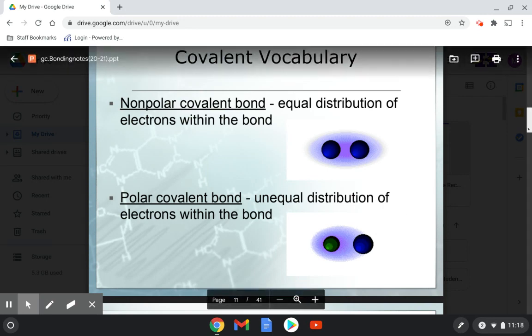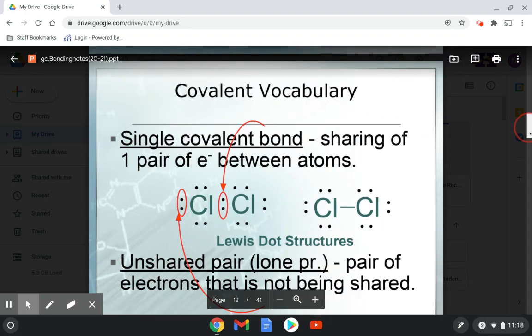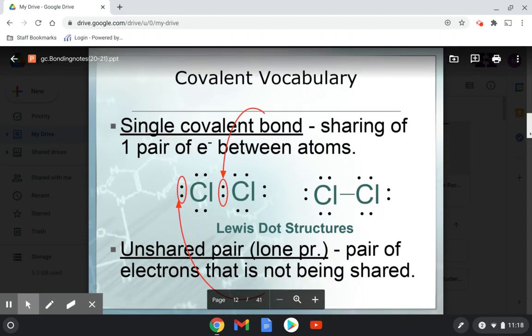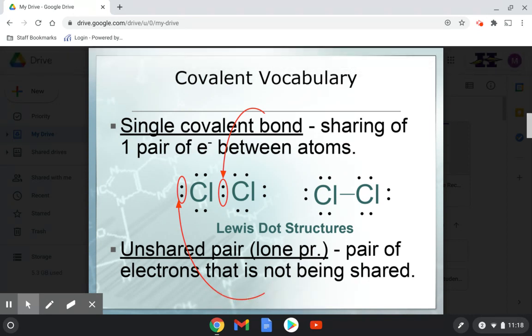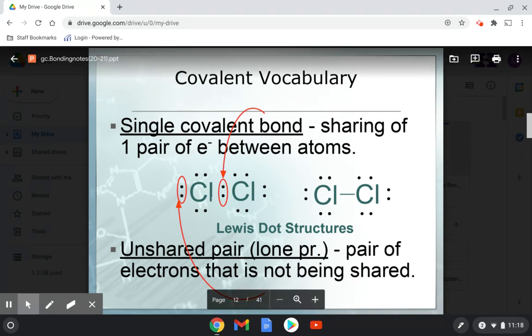Okay, so moving on to the covalent vocabulary, we've got to talk about single covalent bonds and unshared pairs, or lone pairs as you may also call them. So, with single covalent bonds, what this is showing is that there is one pair of electrons being shared between two elements. So, if we look here, these two chlorine atoms are sharing one pair of electrons.